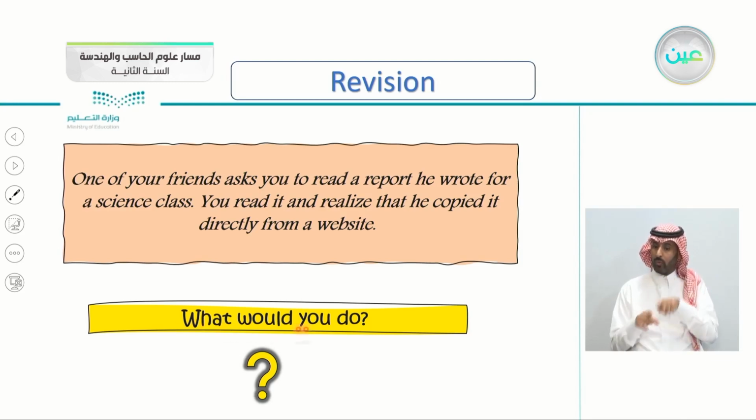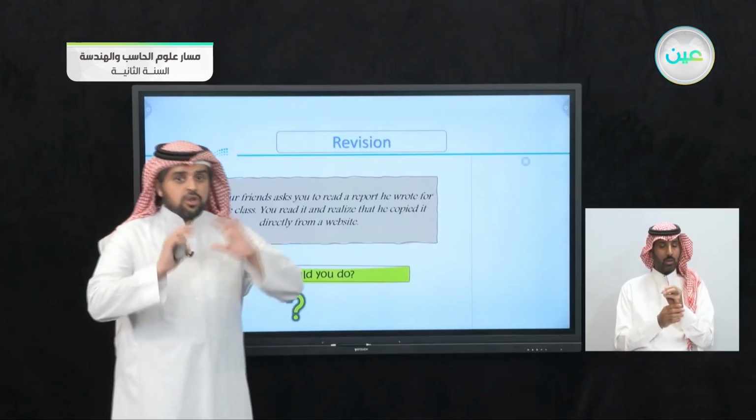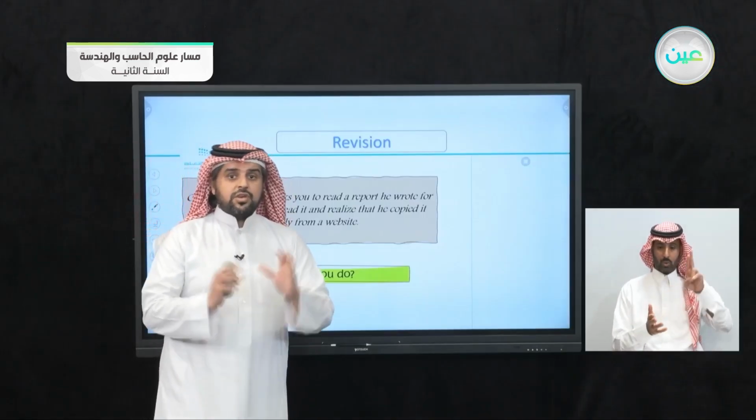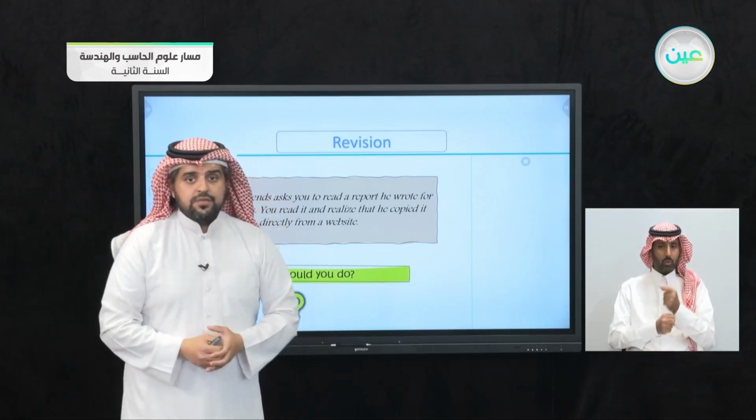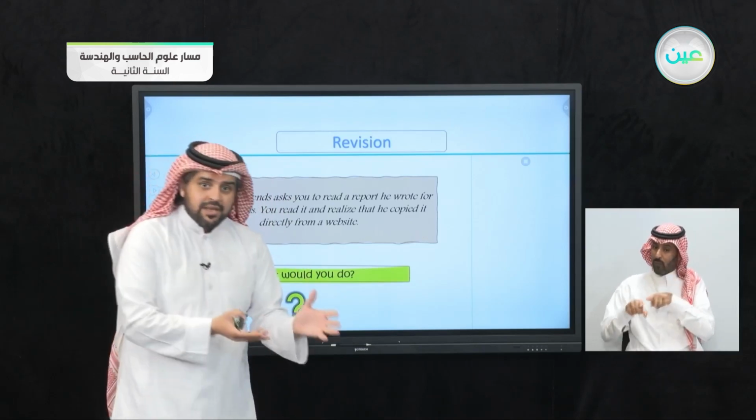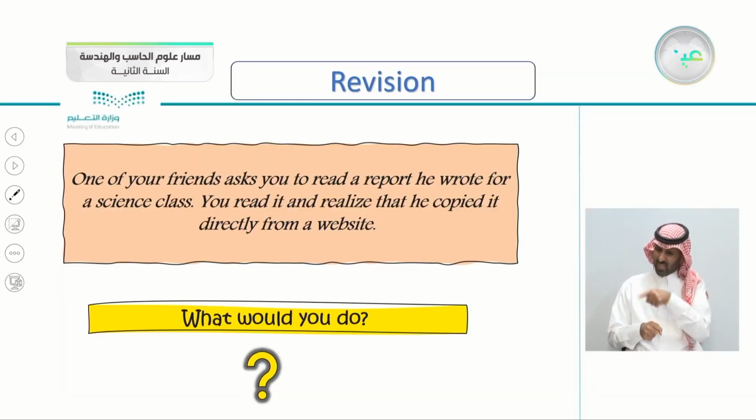What would you do? And this is the theme of the unit. This whole unit will be talking about hypothetical situations. What would you do if you see your friend doing something wrong, just like this one?